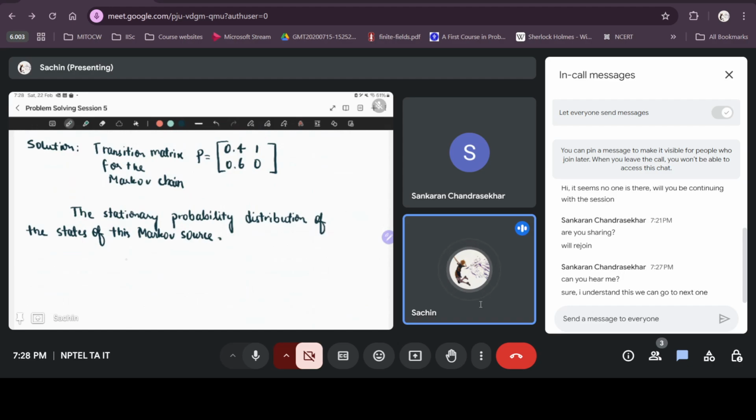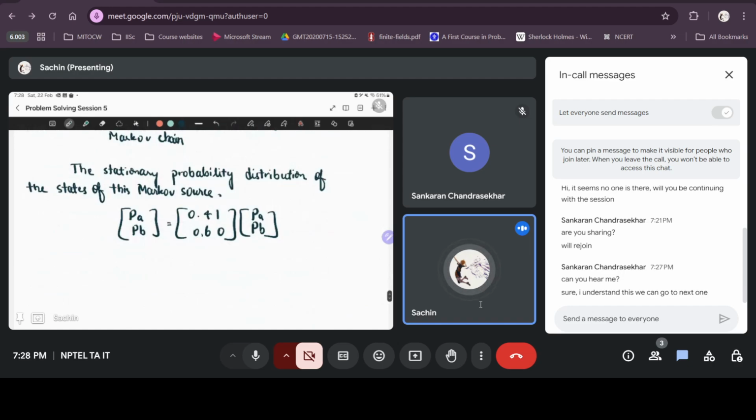From this, we have to solve for the stationary probability, writing P of A, P of B times the matrix equals P of A, P of B. You'll get two equations.